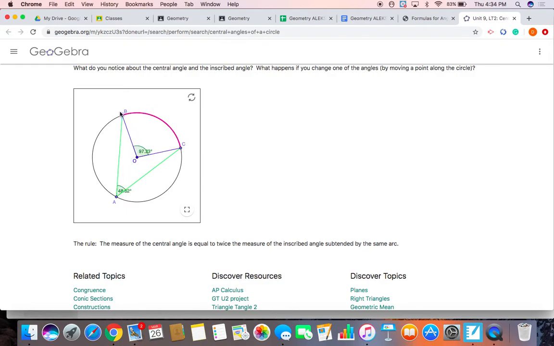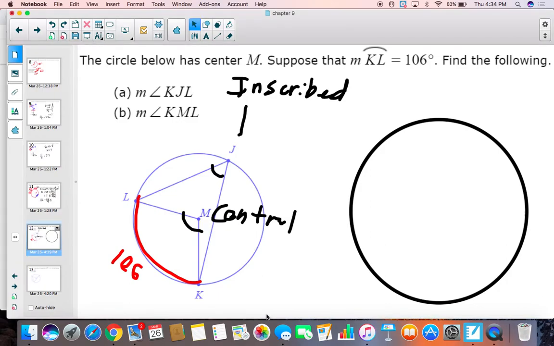So do you notice the pattern? 120 and 60-ish, right? The central angle is always going to be twice as long as the inscribed angle, or the inscribed angle is always going to be half of the central angle.